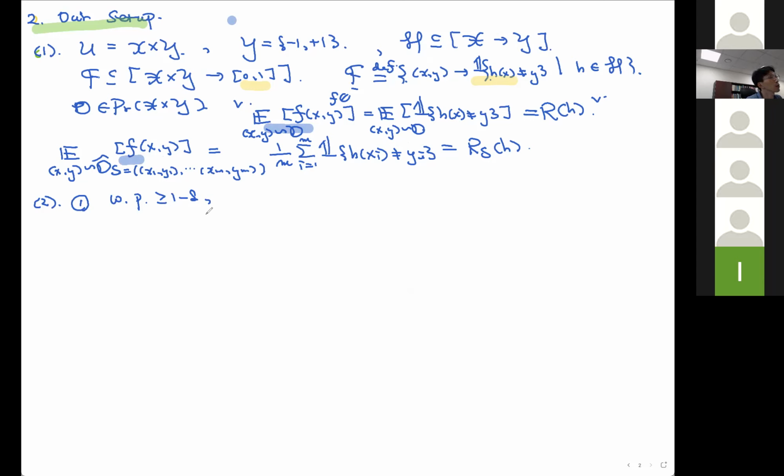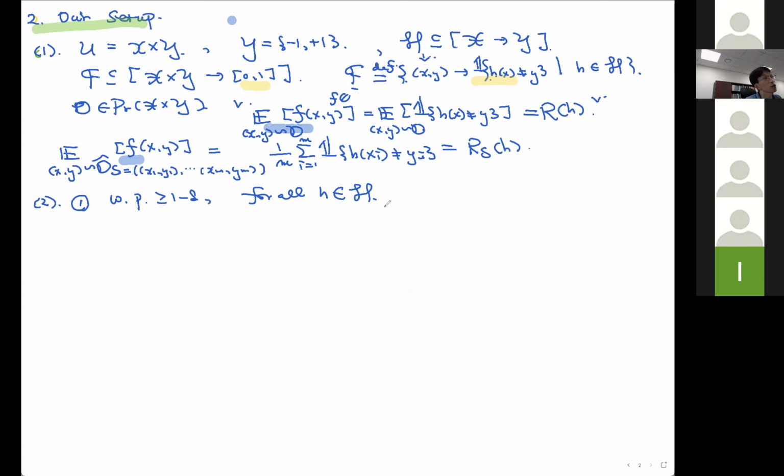So with probability 1 minus delta, the expectation, we can write it as risk, and the following holds. Say for h in H. For f in this curly F is exactly the same as for h in H, and then we are thinking about the function below.